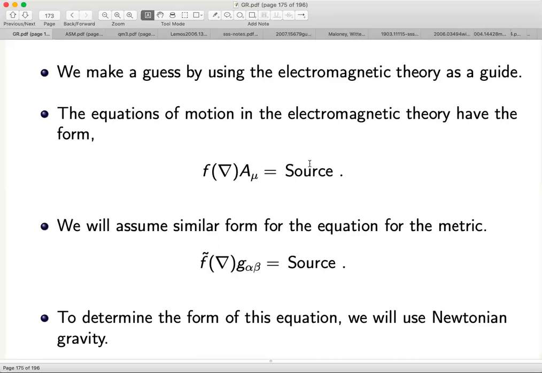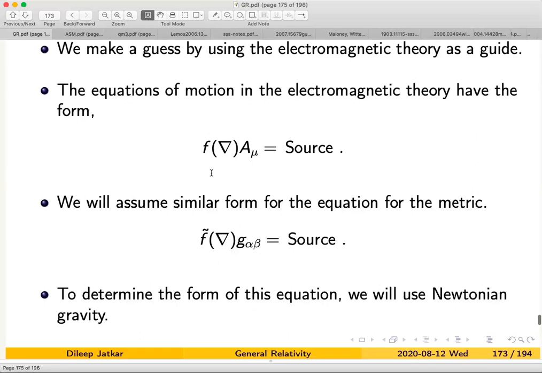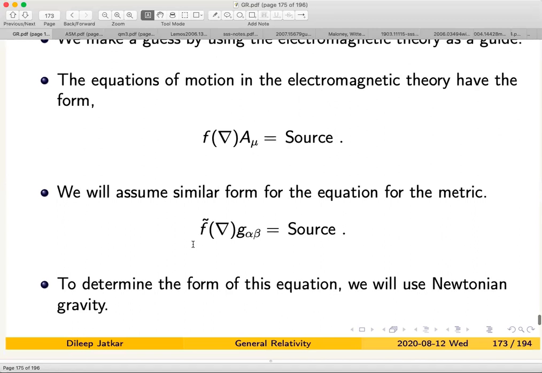Charged particles generate charge density, current density, and so on, which couple to this equation. We could generalize this and say that a similar function acting on the metric is proportional to the source. The only condition we can impose is that in the non-relativistic limit it must give us Newtonian gravity, if we want to claim that G alpha beta is the correct representation of the curvature of space-time, which mimics the gravitational field.